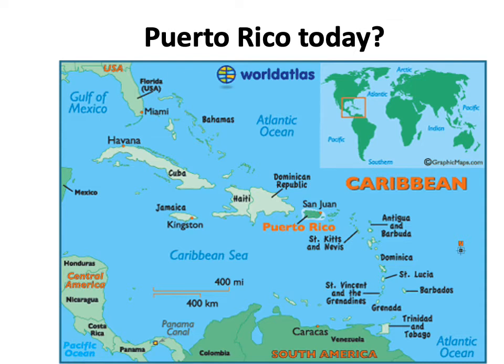And there's no real movement in Puerto Rico to protest that, because Puerto Ricans enjoy all the rights and privileges of U.S. citizens. For instance, you can travel from Puerto Rico to the United States, work in the United States, live in the mainland United States.